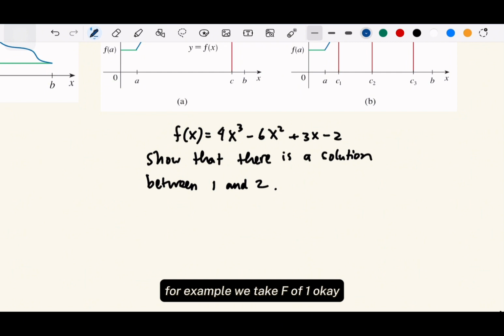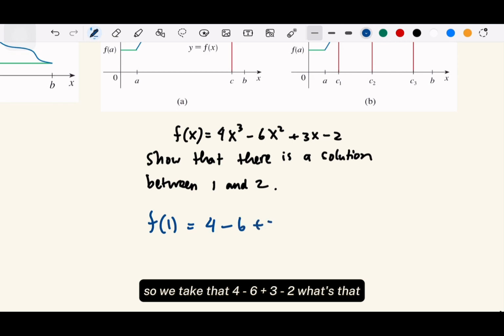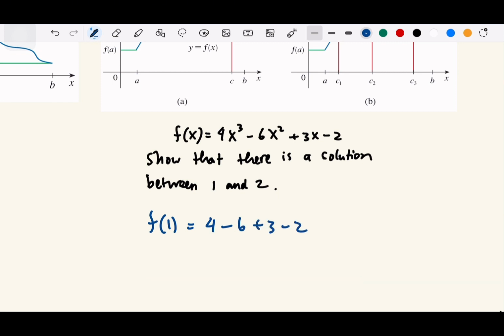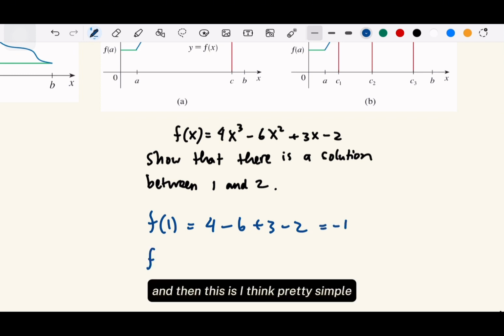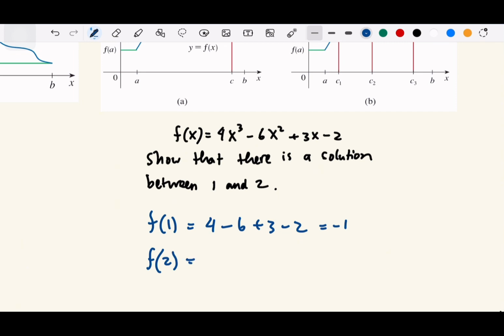For example, we take f of 1. So we take 4 minus 6 plus 3 minus 2. What's that? It's -1, right? And then this is, I think, a pretty simple example.